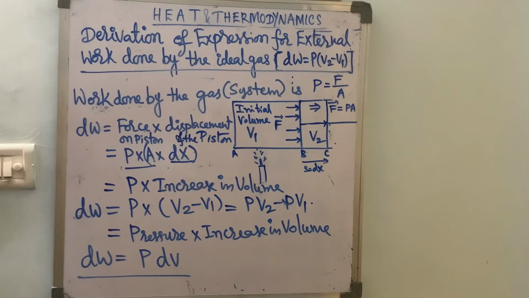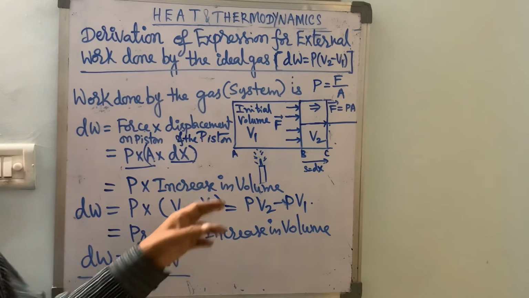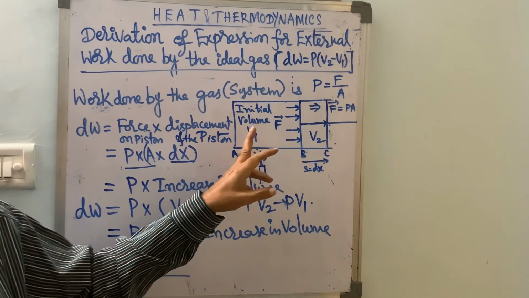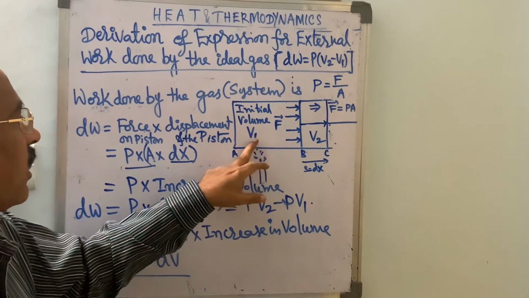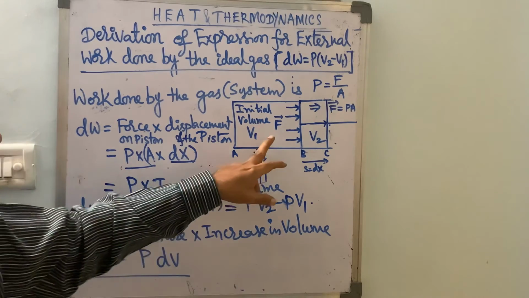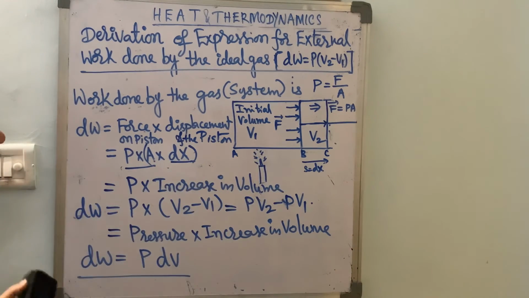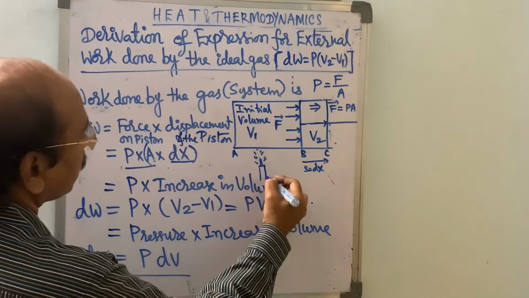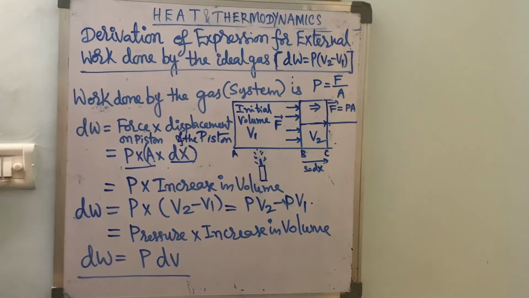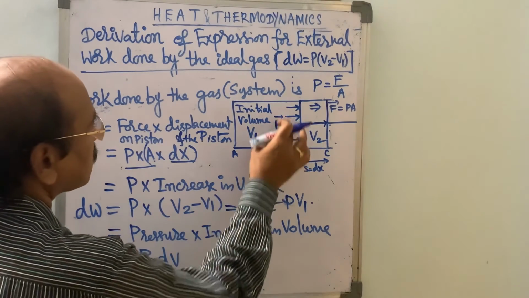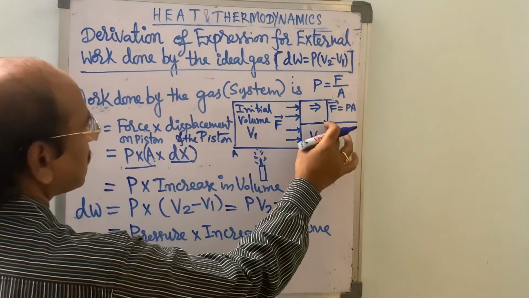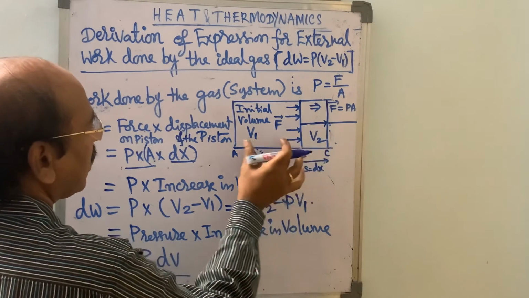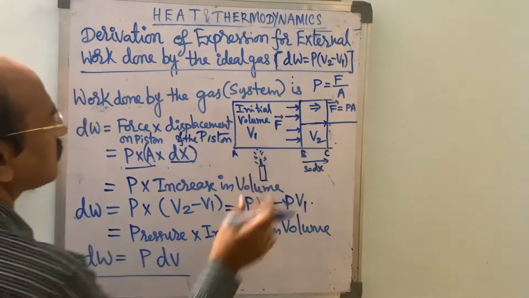Therefore, P into dV. So, when we consider 1 gram molecule of gas having volume V1 at constant pressure P, and we supply heat energy by increasing the temperature of the gas, then some force acts on the piston, expansion takes place, and the piston moves from B to C and volume increases from V1 to V2.